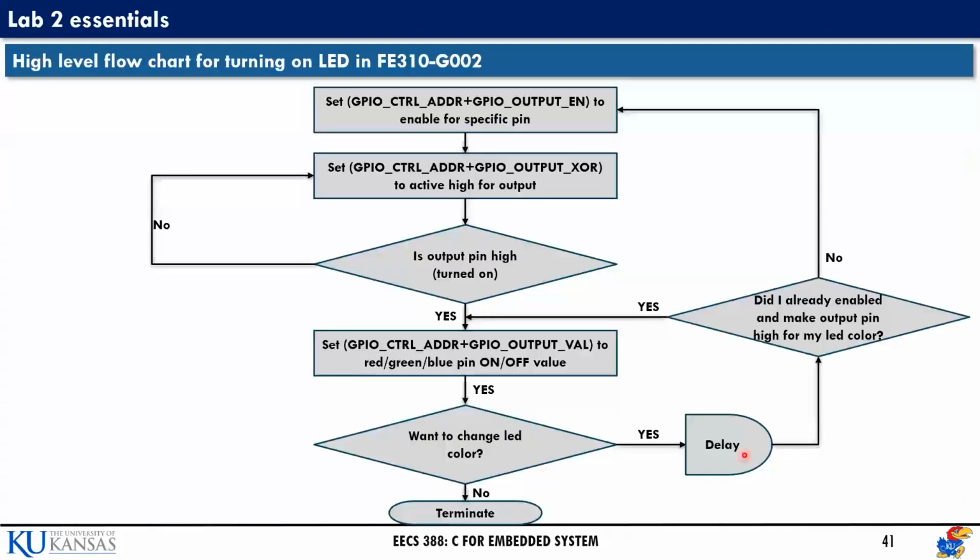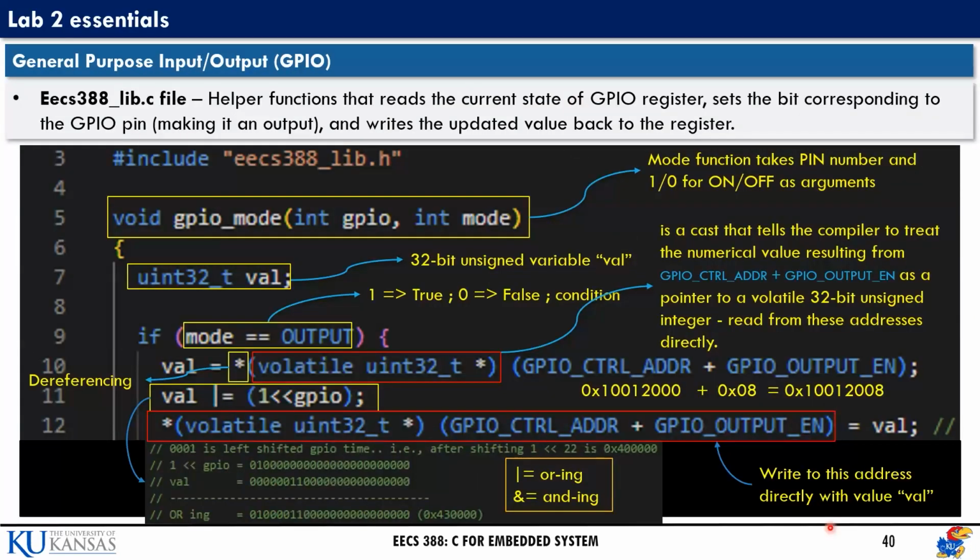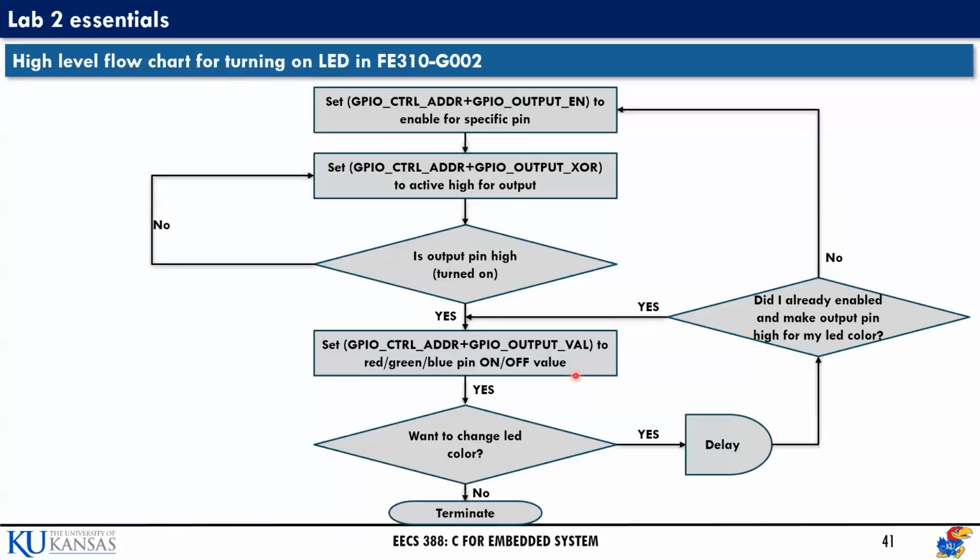Now at a high level, to turn on the LED in our microcontroller, this is our flowchart. First, we are enabling the output enable register. We already saw how we can enable the output enable register. Then for a specific pin, we are making active high for the output.